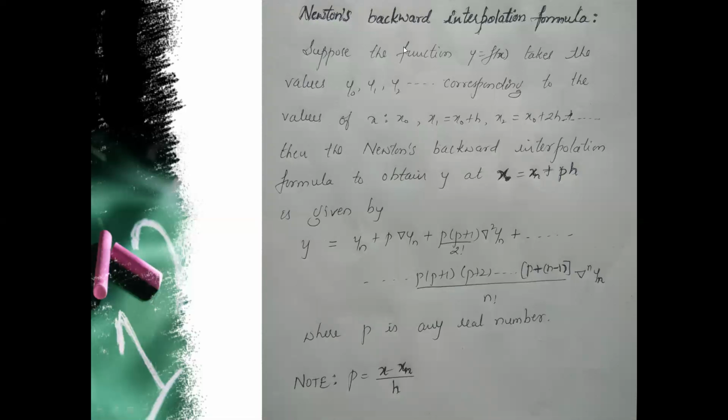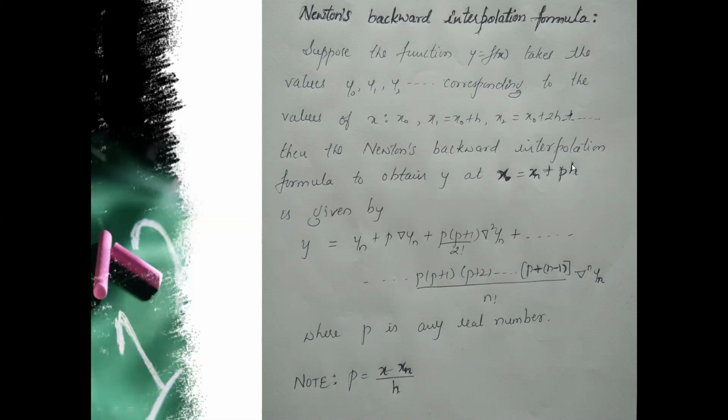Now, the Newton's backward interpolation formula. Suppose again we have an unknown function y equal to f of x taking values y naught, y1, y2, and so on, for the values of x: x naught, x1 equal to x naught plus h, x2 equal to x naught plus 2h, and so on.